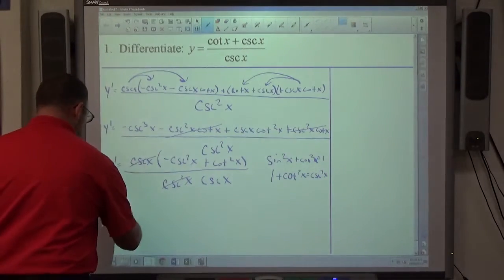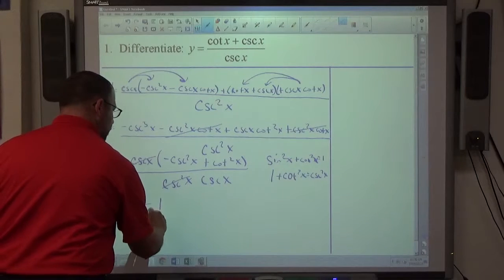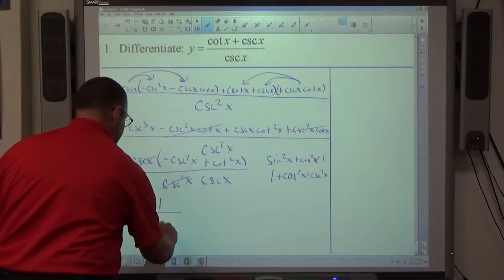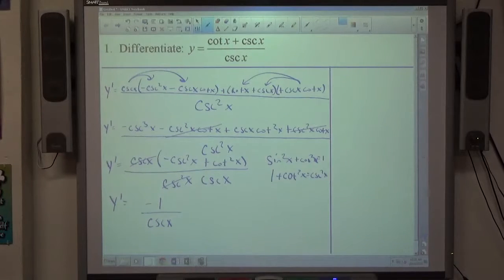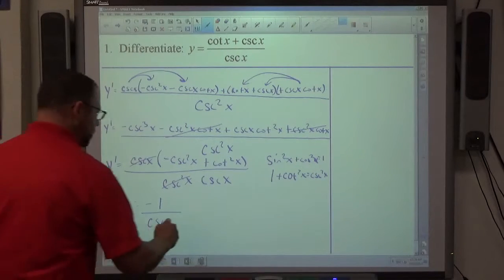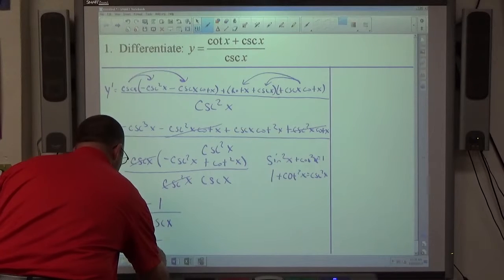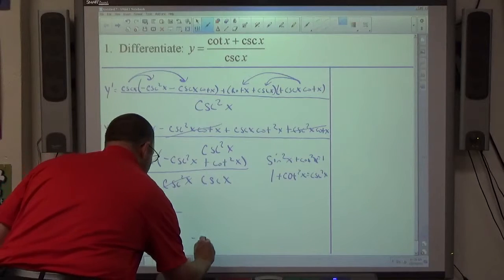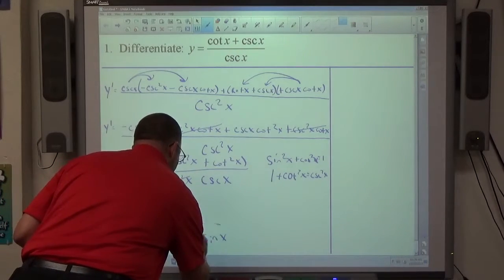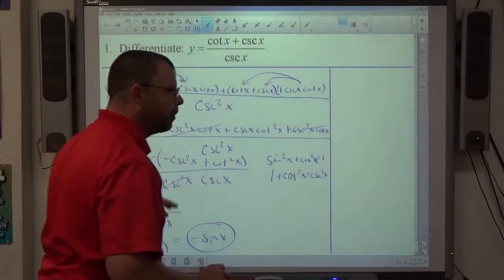So y prime simply equals negative 1 over cosecant of x. Cosecant's 1 over sine, so y prime equals negative 1 over 1 over sine of x. So the answer is negative sine of x. That will be a way to do it.